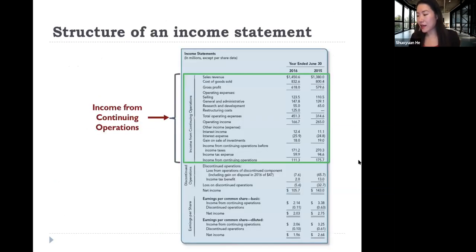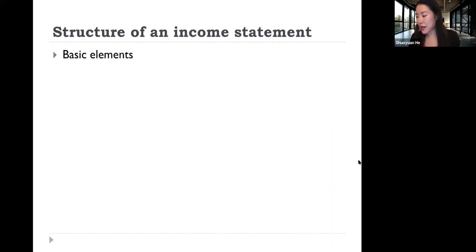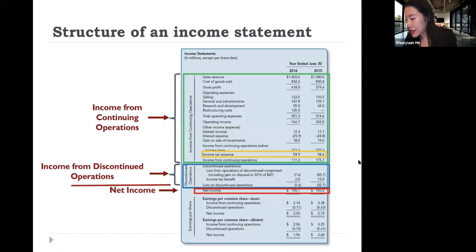So here again is the structure of a firm's income statement. This specific example is an example of multiple step, because you are seeing gross profit and total operating expense here. You are not going to see those in a single step income statement.